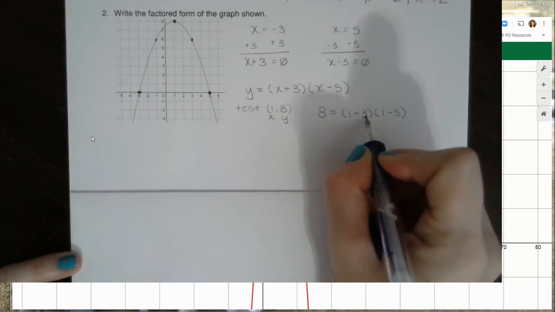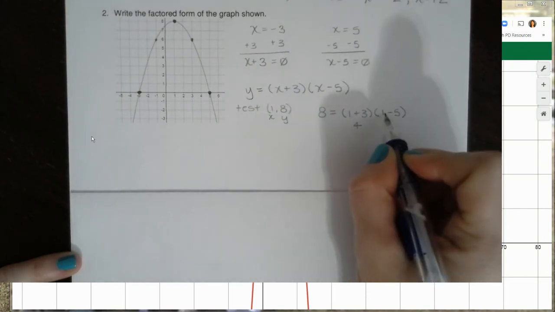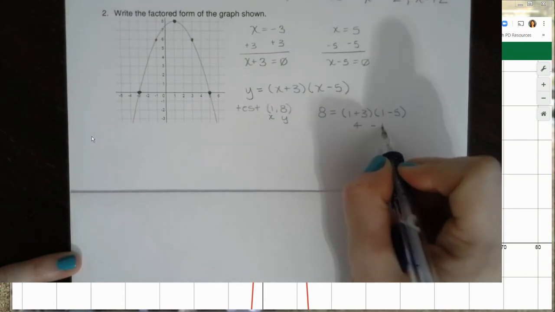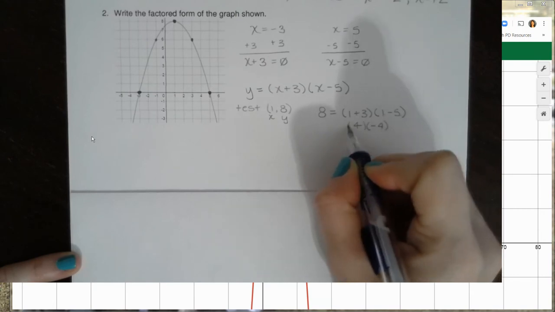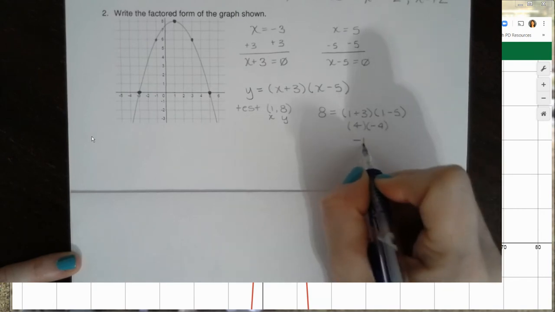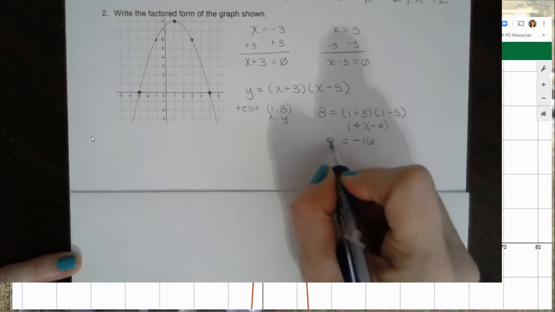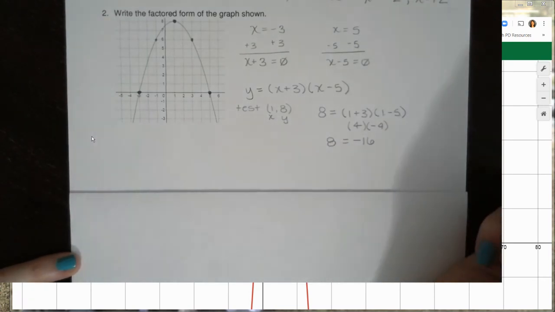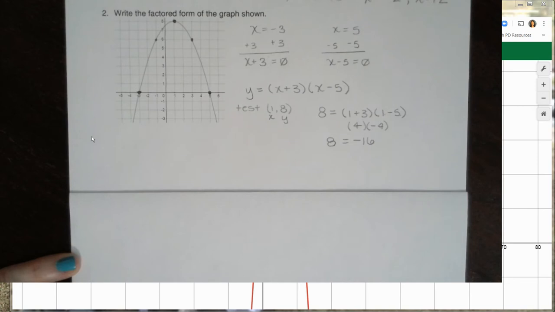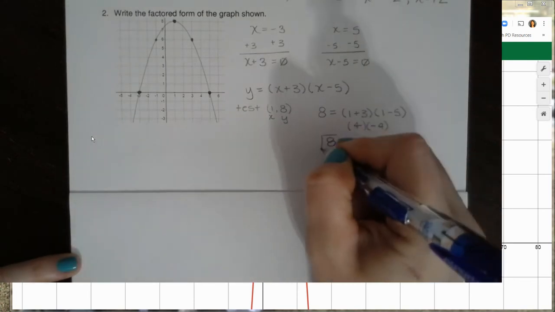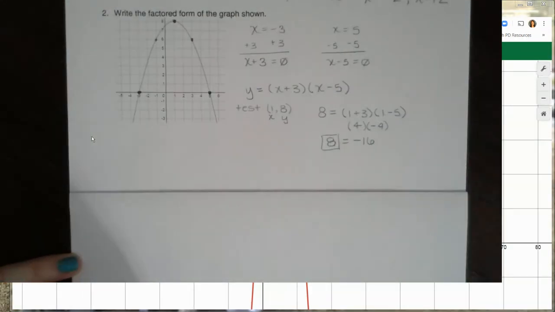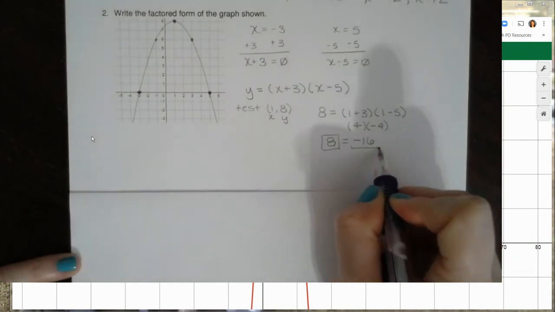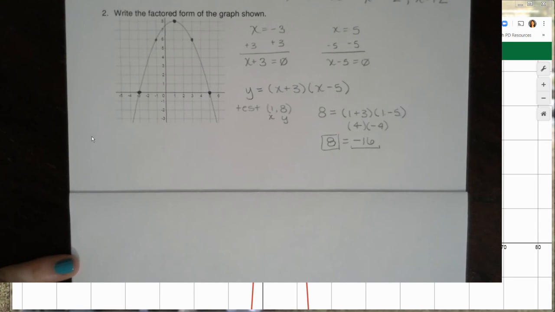So 1 plus 3 gives me 4. 1 minus 5 gives me negative 4. So I have 4 times negative 4, which gives me negative 16. But that's not what I had for a y value. This y value, I know, is correct. I have to manipulate this negative 16 to now make it equal to 8.